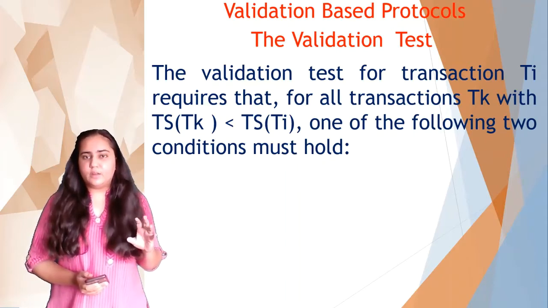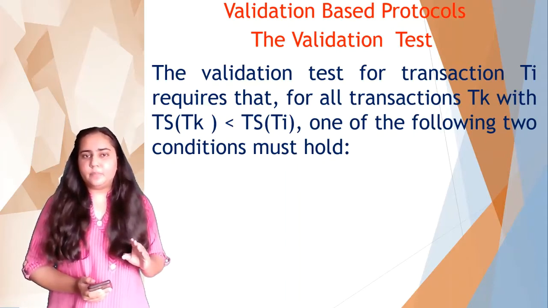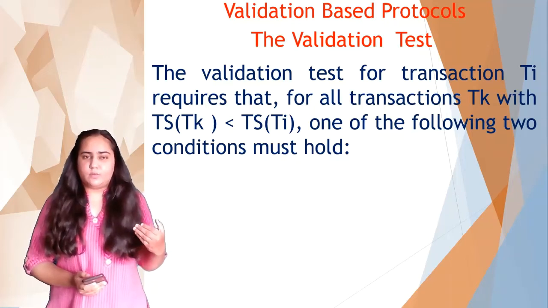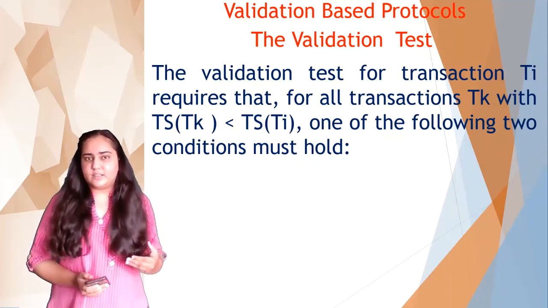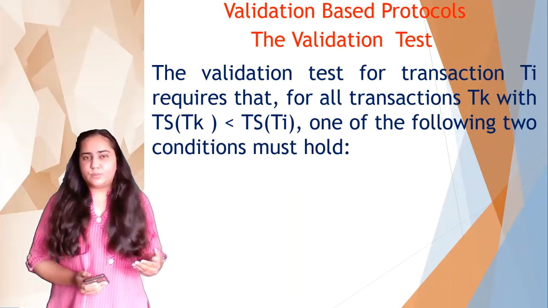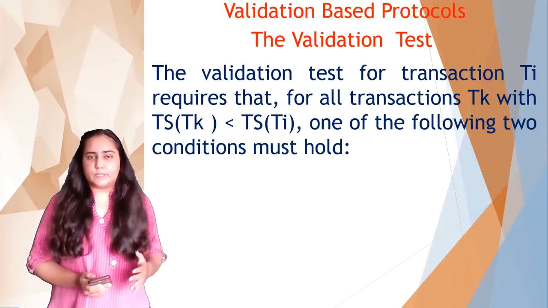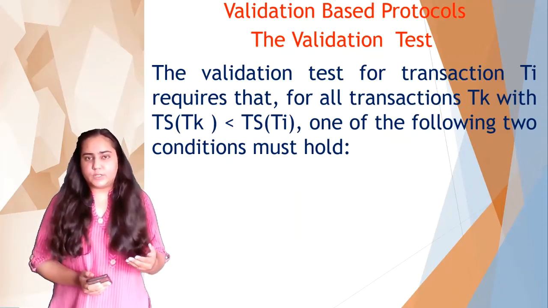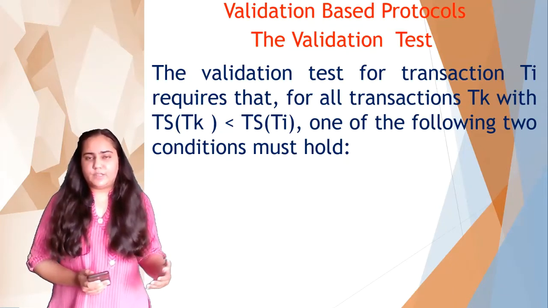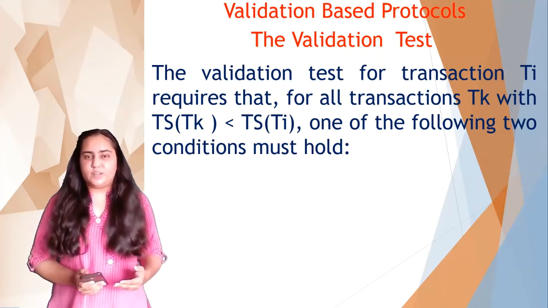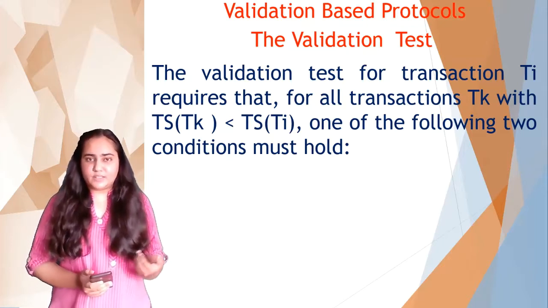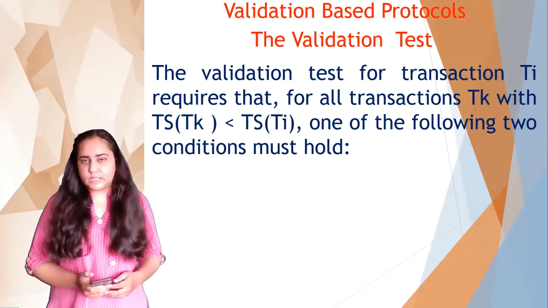Here we are comparing all transactions TK with a timestamp less than the timestamp of TI, which means all the transactions that entered the system before transaction TI. So if TI has a timestamp of 20, then all the transactions that have a timestamp of less than 20 will be transactions TK.